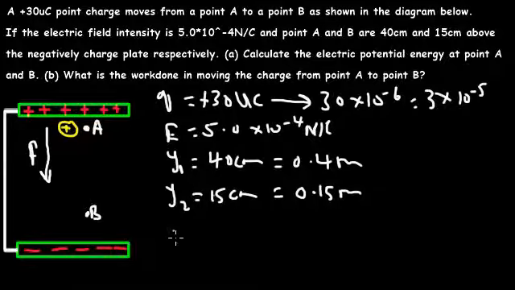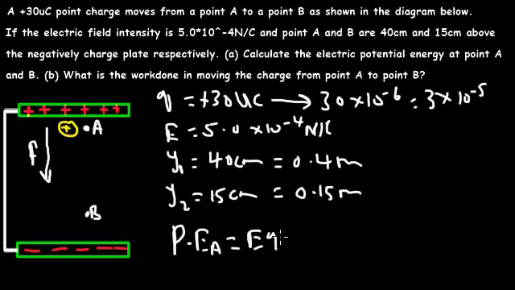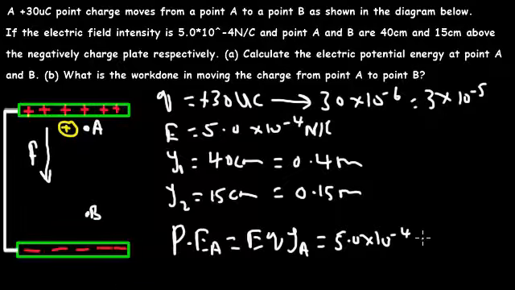So let's find for A first. I will represent that with PE sub A. PE sub A is equal to EQ times Y_A, which is the same thing as Y1. And E is 5.0 times 10 to the power of negative 4, and Q is 3 times 10 to the power of negative 5, and we have the distance 0.4.